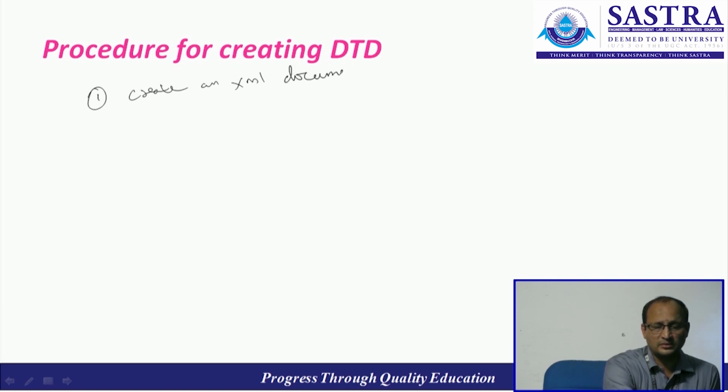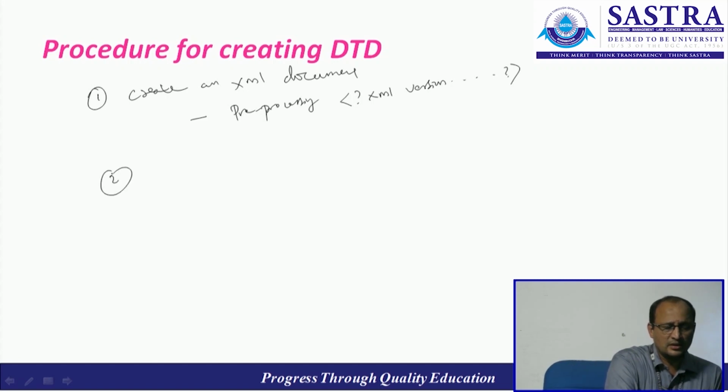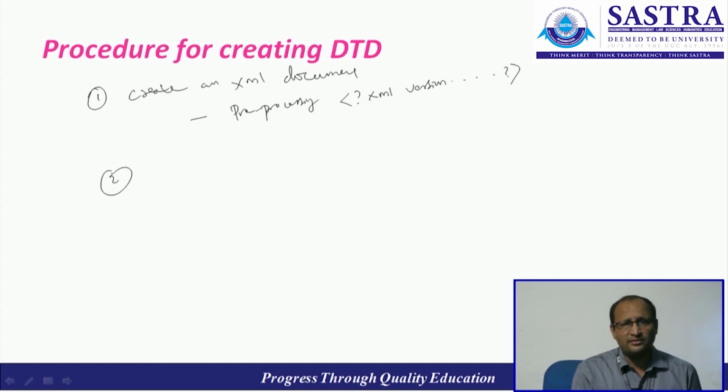We know that the XML document should start with the pre-processing statement. It is starting with the XML version. This is the statement usually we include. After this, if we have to create internal DTD or external DTD, the next step is common for both internal as well as external DTD.